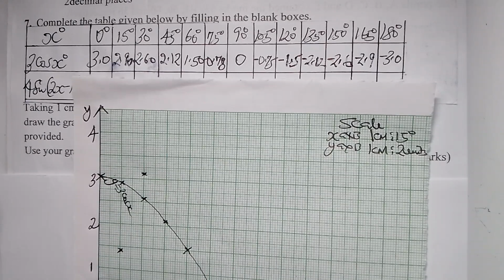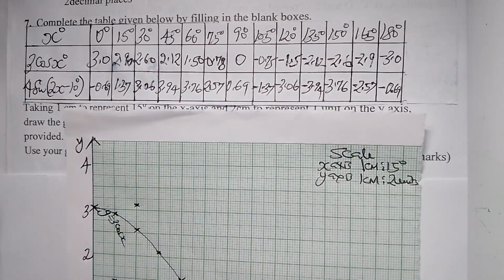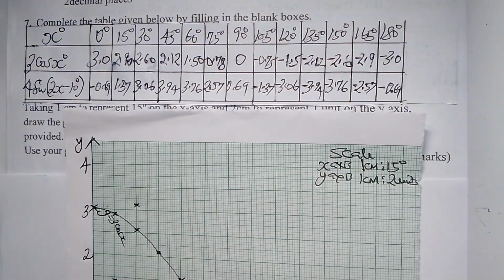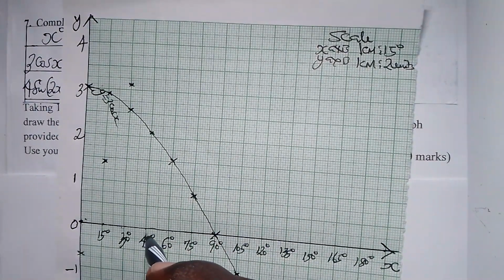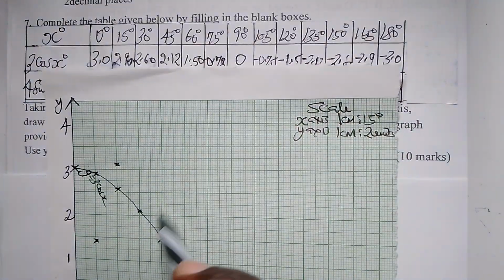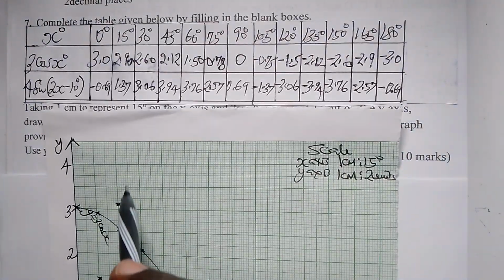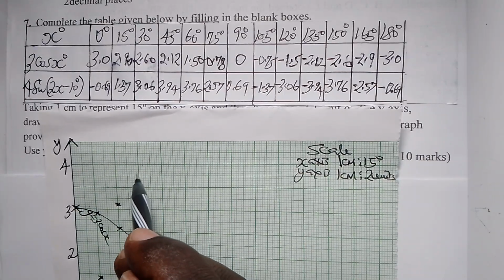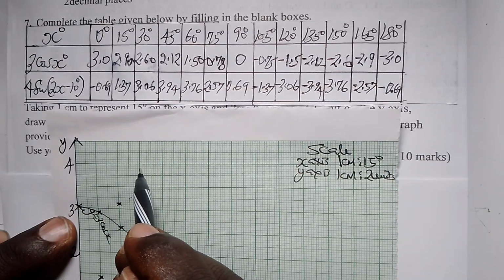Okay, and then when x is 45, 3.9. 3.9 will be 2 small squares below 4 here.